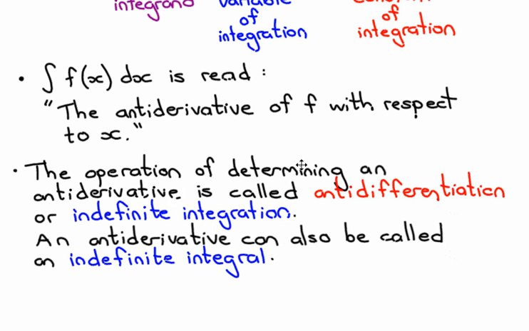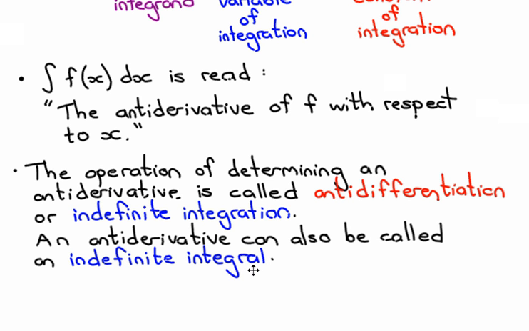The operation of determining an antiderivative is called antidifferentiation. In other words, the opposite, the inverse operation to differentiation, or indefinite integration. So an antiderivative can also be called an indefinite integral. That's another name for it.